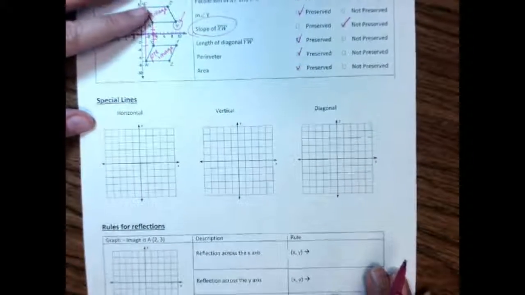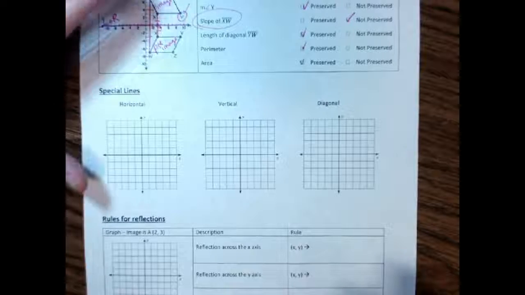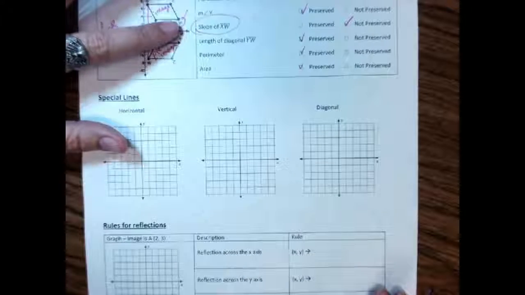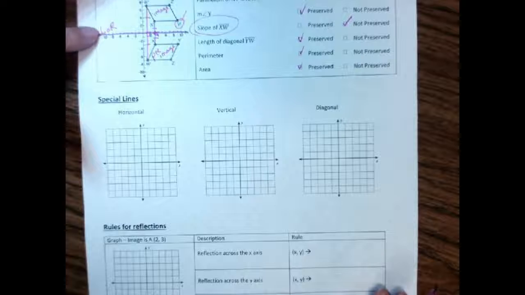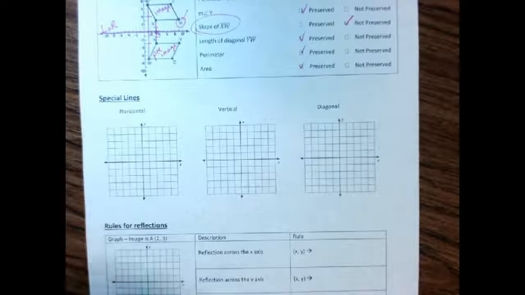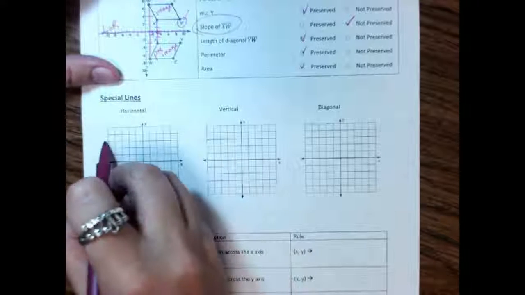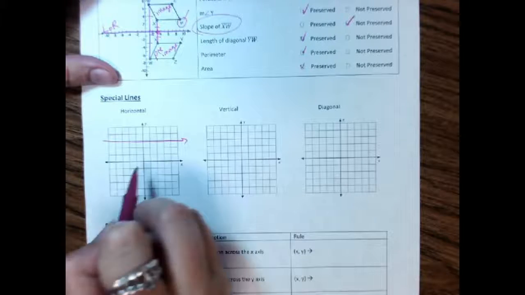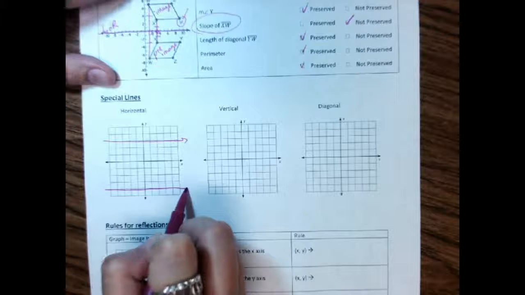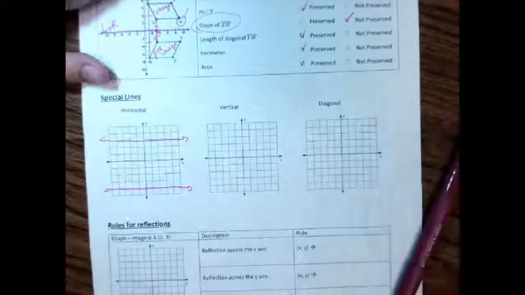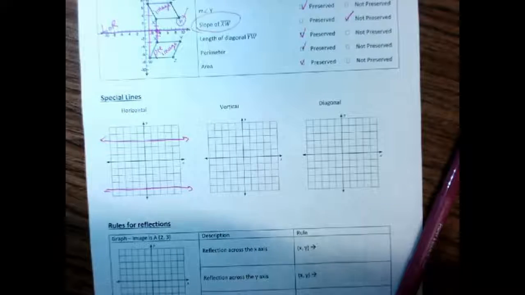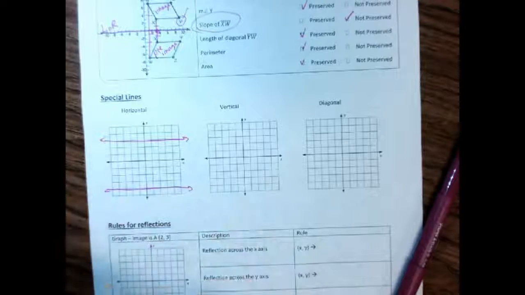Now we are going to talk about a little bit of algebra here today because we have to talk about where this line of reflection shows up. So we're going to talk about some special lines. And we saw these a couple of units ago. Horizontal lines might be this one, or it might be like this line, or it might be this line right here.